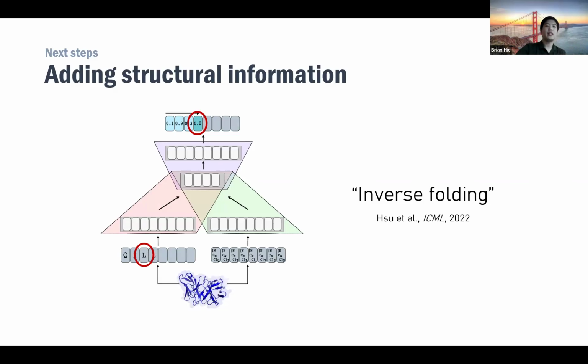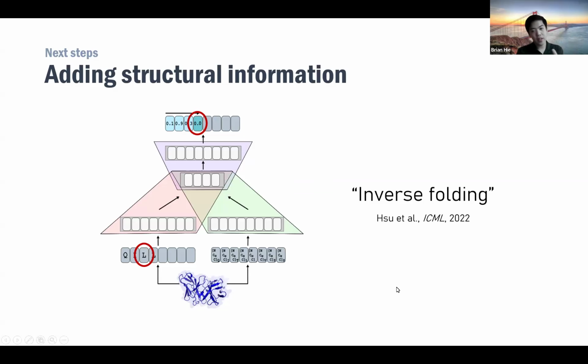If a mutation has very low likelihood under a given set of backbone coordinates, potentially that mutation might be destabilizing, or it might not even adopt that structure. It might adopt a different stable structure. But if a sequence has high likelihood under a given structure, then that sequence is more likely to adopt the structure that you provide to it.